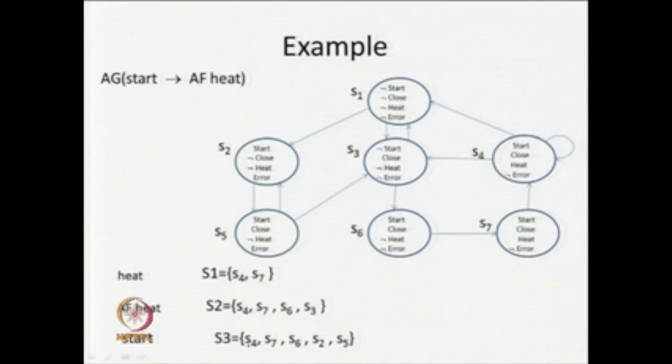We know that AF heat is true for S4, S7, S6 and S3. Along with that, not of start is true over here, because we know that P implies Q is not of P or Q. So, in these four states AF heat is true, and not of start is true in S1.